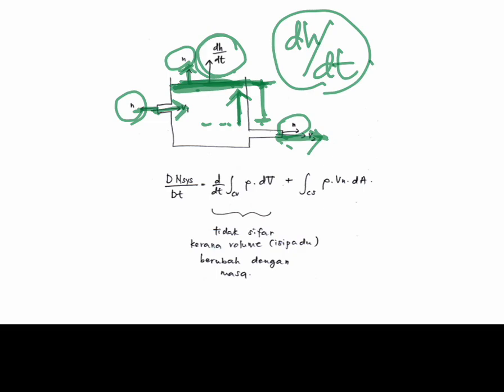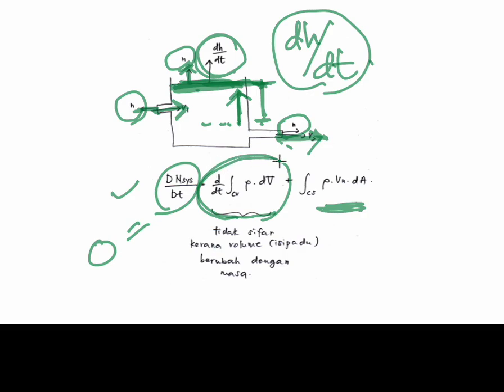Then we write down the Reynolds transport theorem. We have dN over dt, and it is equal to 0 here, plus d dt integration of rho d volume plus integration of rho v·n dA. Here we cannot simply say the first term is equal to 0. Why?